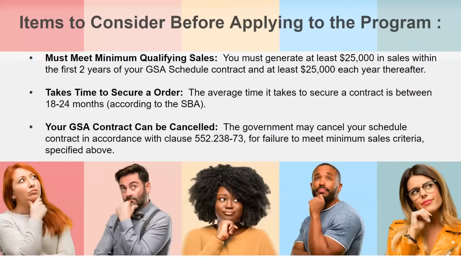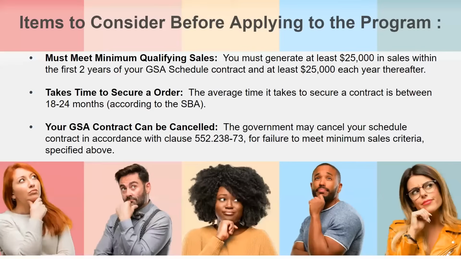So it's really important that you have a clear understanding of your market, and we'll get into that momentarily. But the one thing that I really want you to gather from this slide is the fact that there is a requirement that a federal agency has to source supplies and services through your schedule contract, and it has to be at least $25,000 in sales.